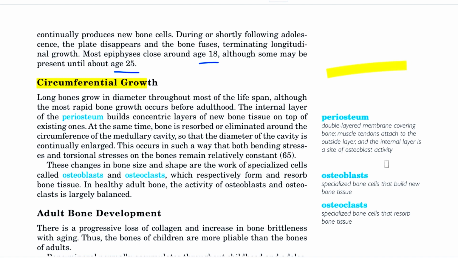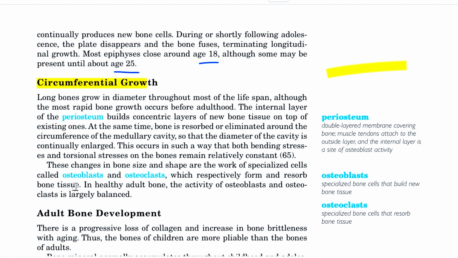Now medullary cavity enlargement occurs: new bone is being added externally, while bone is also reabsorbed internally around the medullary cavity. This dual process keeps the bone lightweight while maintaining strong structural integrity.